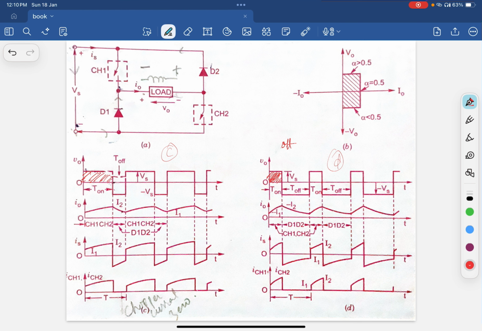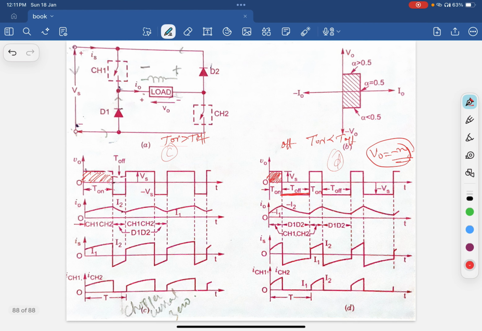Here T on is greater than T off. In the other graph, T on is less than T off, or the T off period is greater. And if T off is greater, that means the voltage is also negative. So these are the differences you can observe.